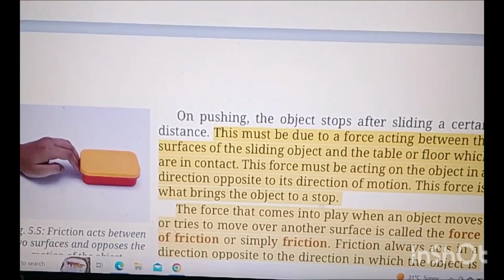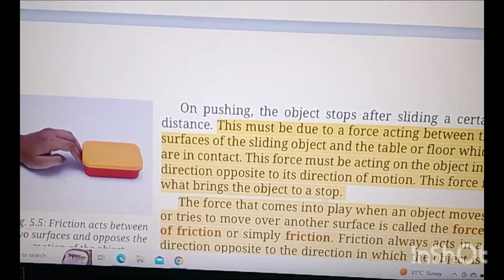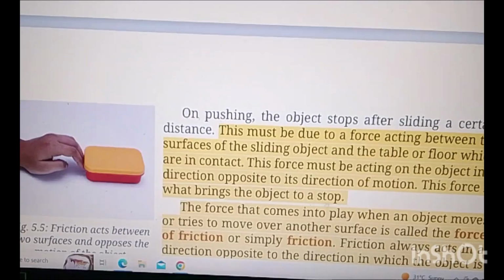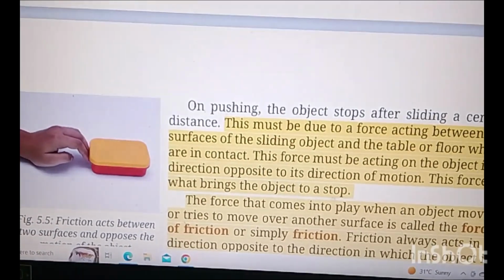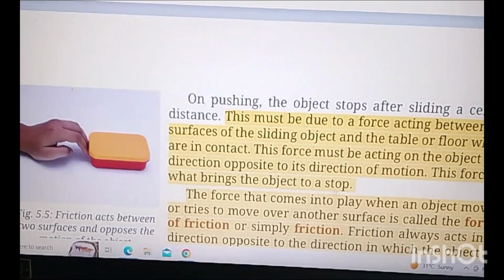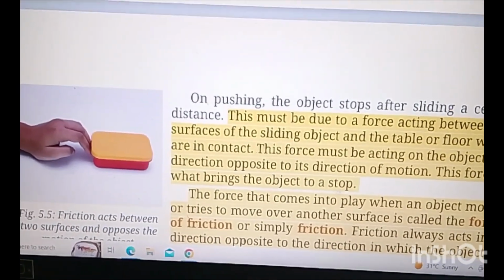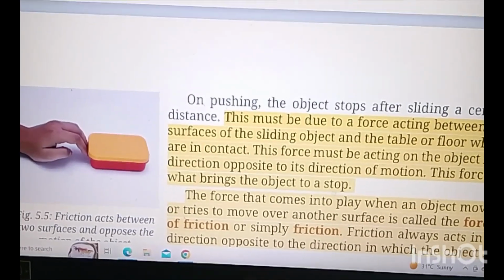Okay, we understand that this must be due to a force acting between the surface of the floor and the particular sliding object, that is here our ball. Okay, so we could see between the surface of this ball and the surface there is some kind of force acting, because of which the ball comes to stop even without applying an external force.